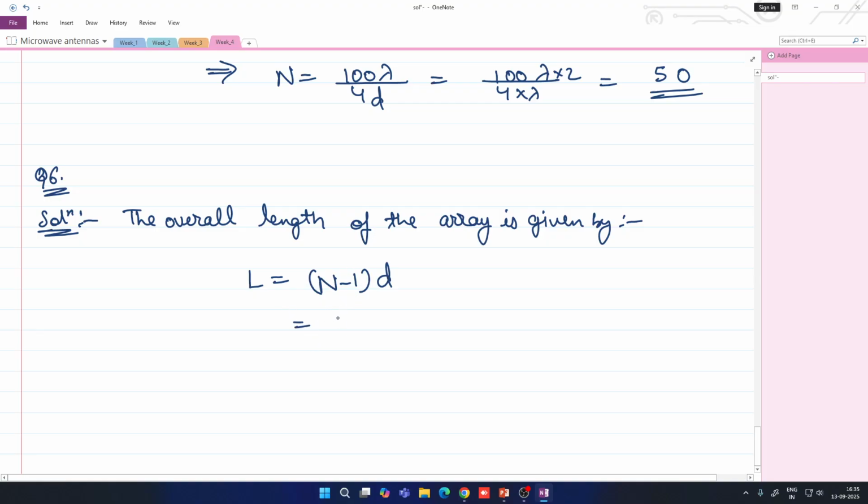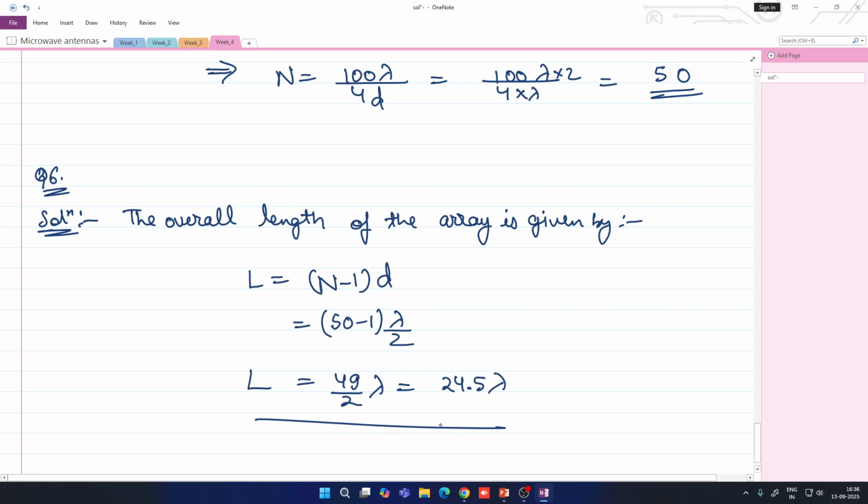So n is 50 here, so 50 minus 1, and the inter-element distance is lambda by 2. So when you solve this, 49 by 2 into lambda, which is 24.5 times lambda. So this is the overall length of the array.